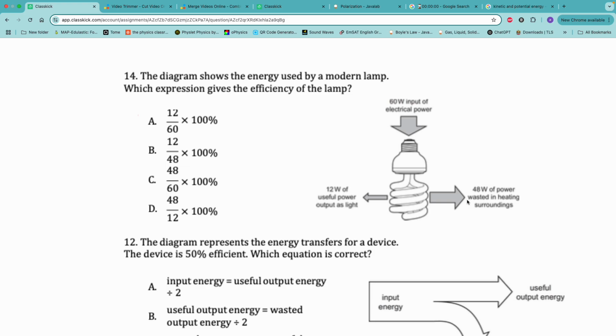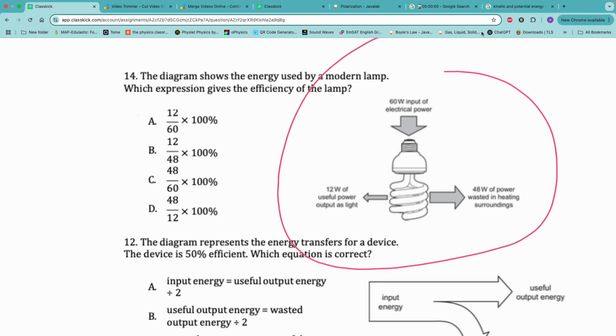Here, the diagram shows the energy used by a modern lamp. Which expression gives the efficiency? As we can see, the total input is 60 watt using our Sankey diagram. This power will be converted into useful energy and wasted energy.